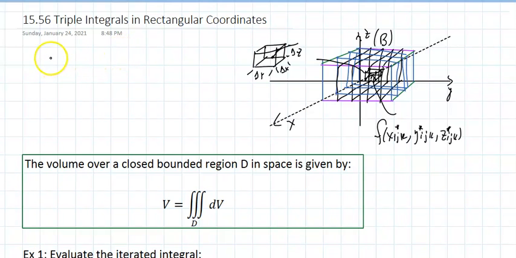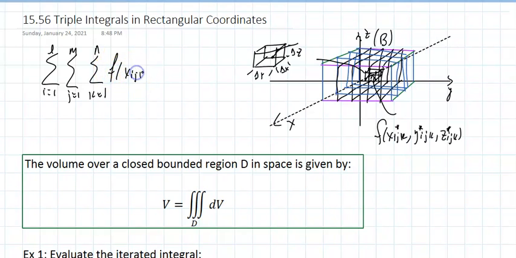and if I take the sum with i equal 1 to l, j equal 1 to m, and k equal 1 to n of f of x sub ijk star, y sub ijk star, z sub ijk star, times dV.